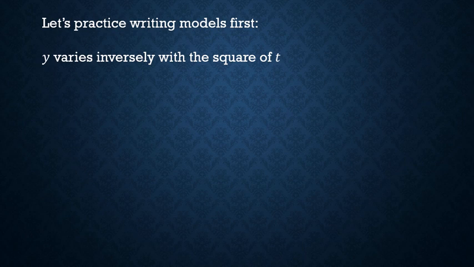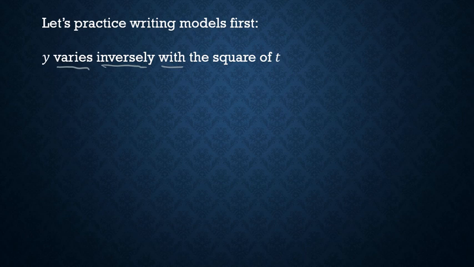First one here, y varies inversely with the square of t. So when you read these kinds of things, you see y varies inversely with, and then in this case, the square of t afterwards. Look at the keywords varies inversely with, varies blank with.